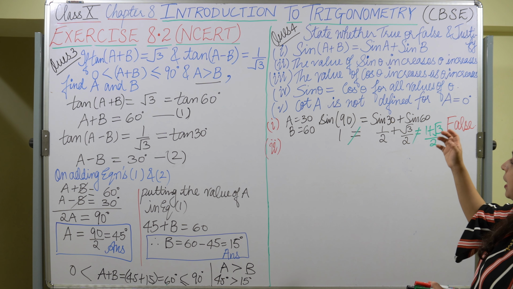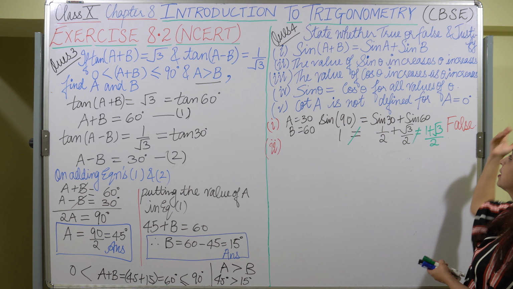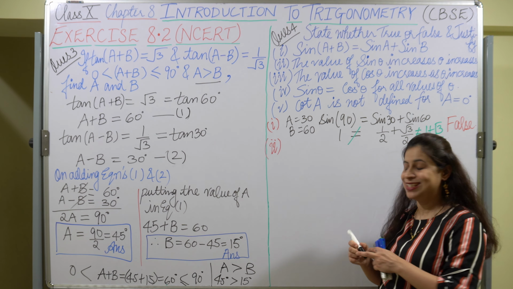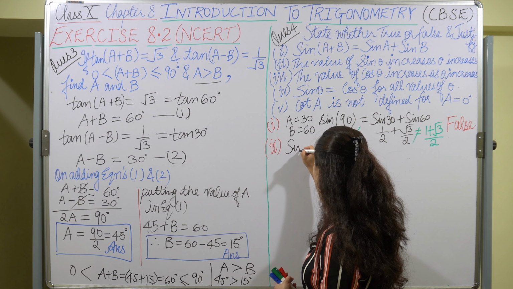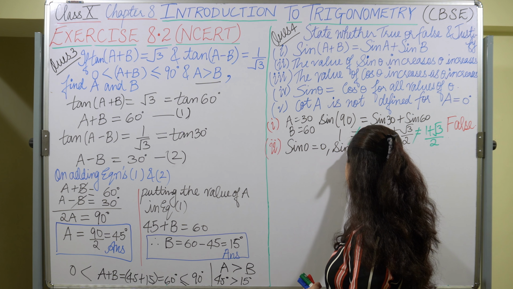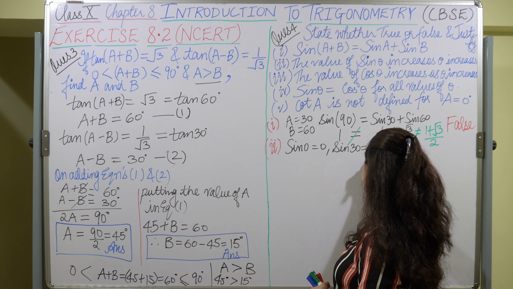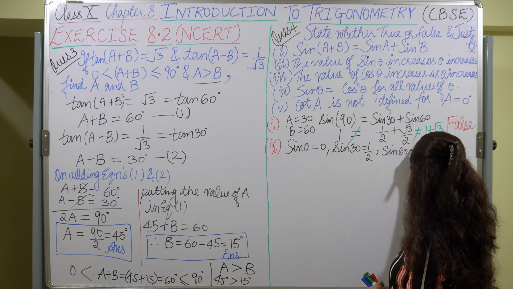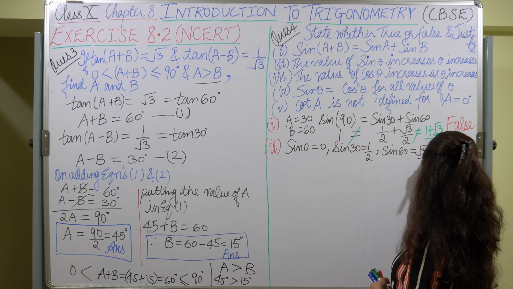In the second part it is saying the value of sin theta increases as the theta increases. So let us check all the values of sin theta. So sin 0 is 0. Sin 30 is 1 by 2. Then sin 60 is root 3 by 2.